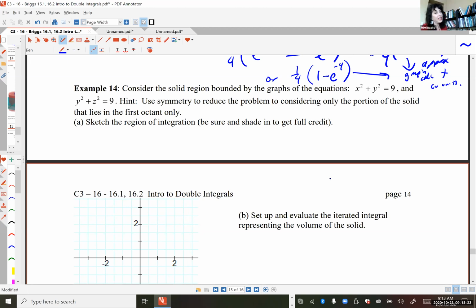That's legit if you have this kind of symmetry. Now, you can't always do that, because if your solid has different looking portions in the different octants, then forget it. You can't go, oh, I've got symmetry.